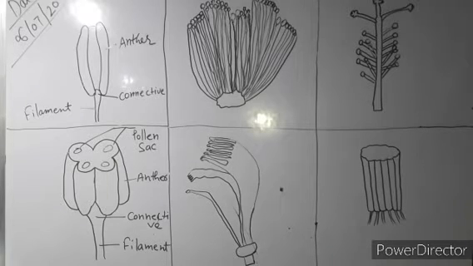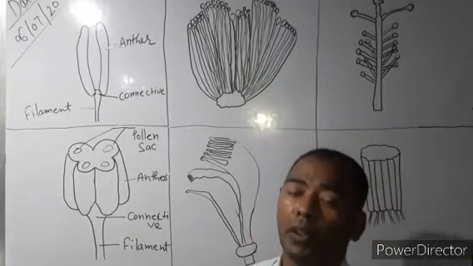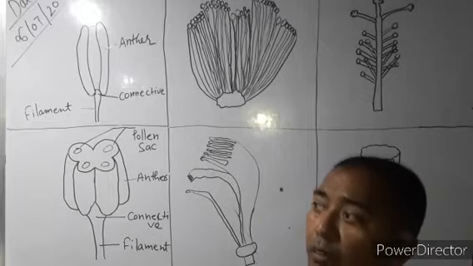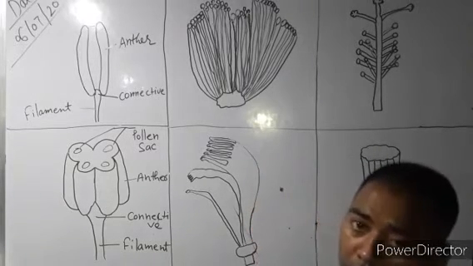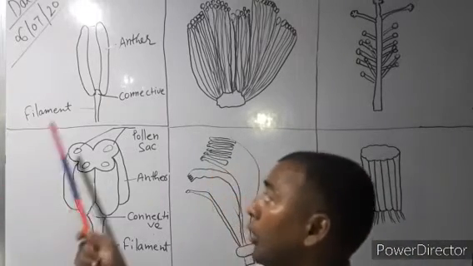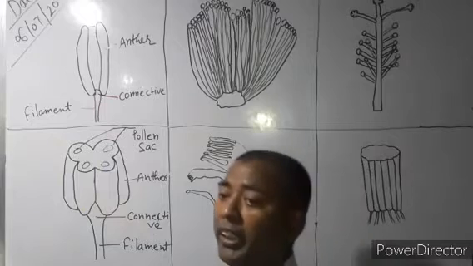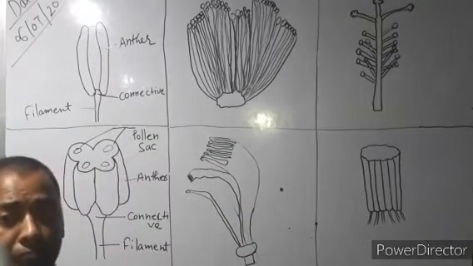Some plants have only the male reproductive organ. That is known as a staminate flower or staminate plant.